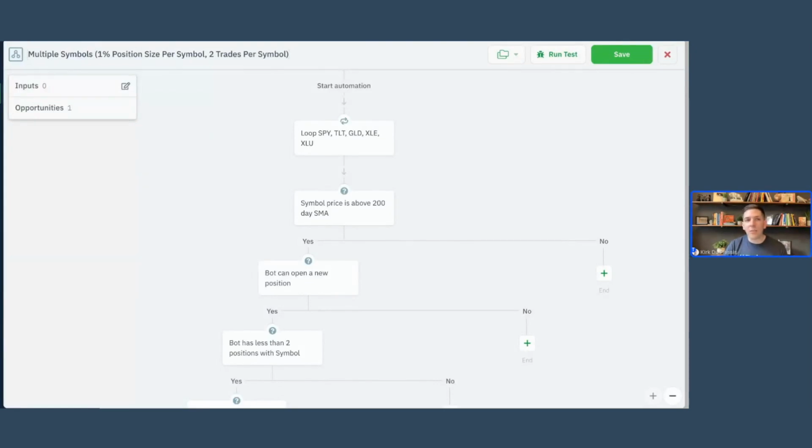So just like the other portfolio, I will allow a 2% position size. Let me just say 1% max risk per symbol per trade, 2 trades total per symbol.